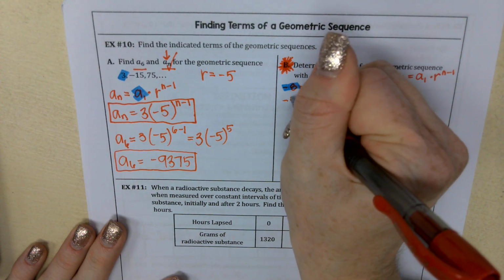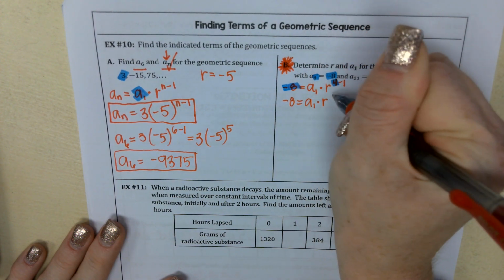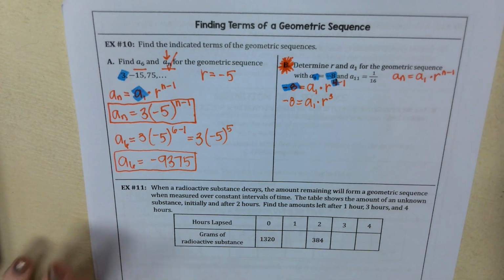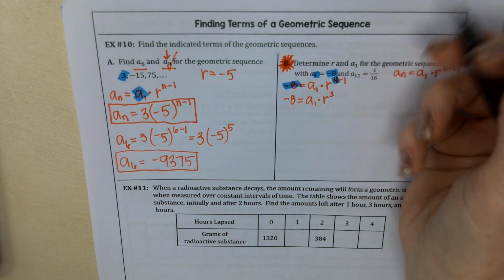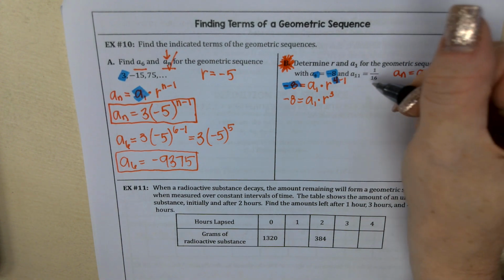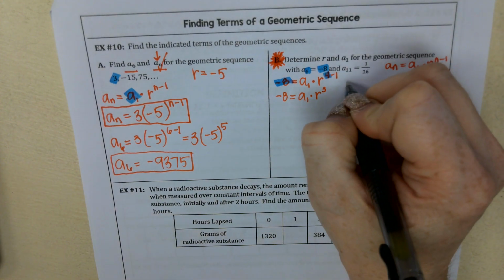I can simplify this, and I recommend that. So this is R cubed. I'm going to leave this just like this for right now. I also know that when I plug in 11, I get out the fraction 1/16.